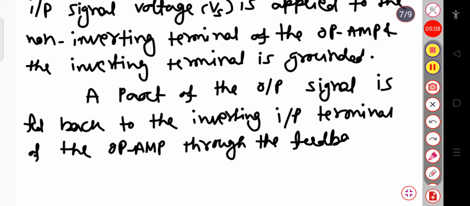So this is the basic operation of the non-inverting amplifier.